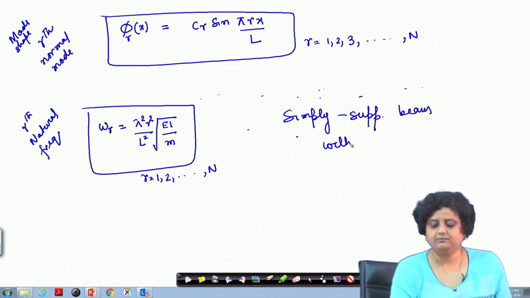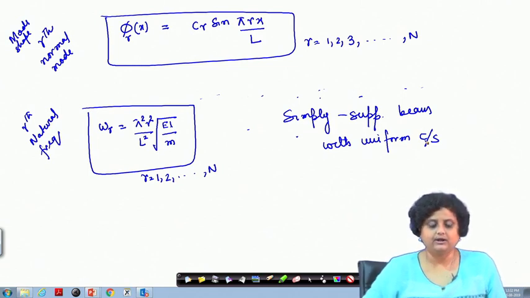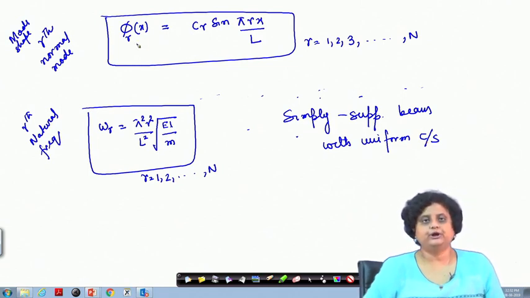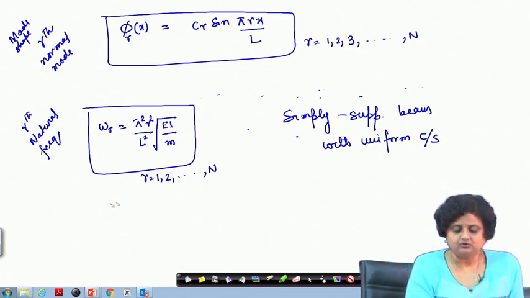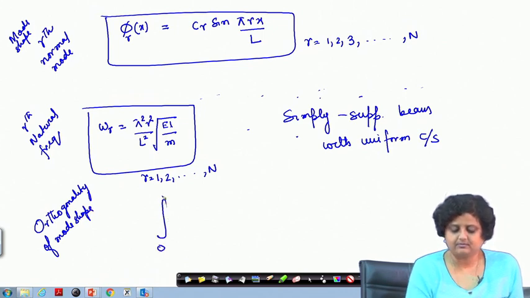With uniform cross section. Now, the next thing that I should mention here, that similar to the rod, here also the mode shapes are orthogonal to each other. So, orthogonality can be expressed as the integral.